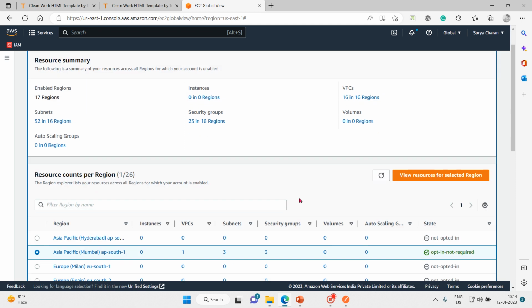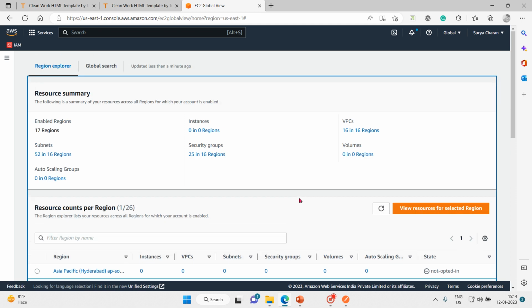So all their resources have been placed in it. In total they have around 26 regions, out of which 17 regions were enabled for me, and for 16 regions they have 52 subnets. They have subdivided each region into 3 to 4 subnets.